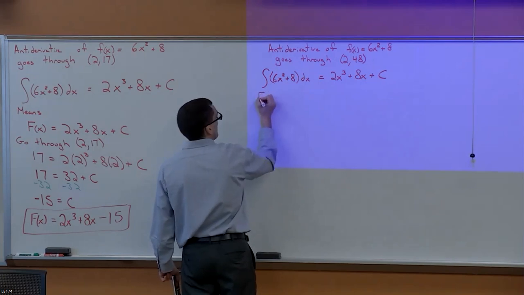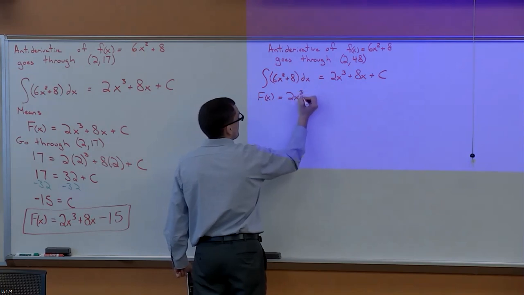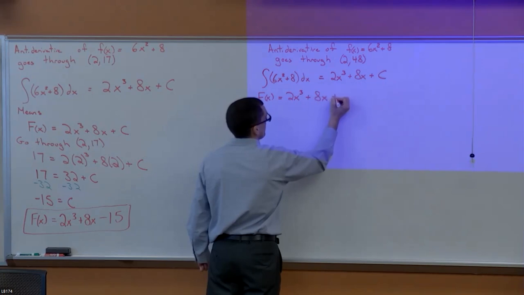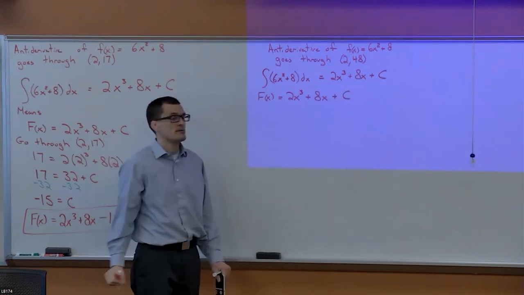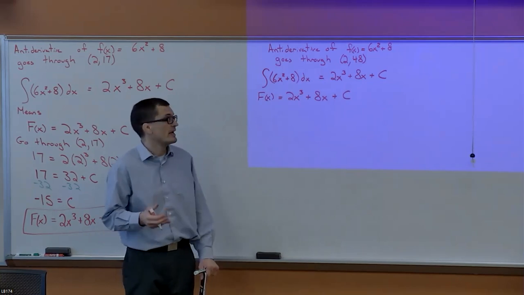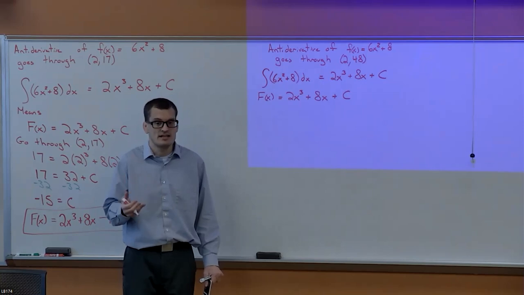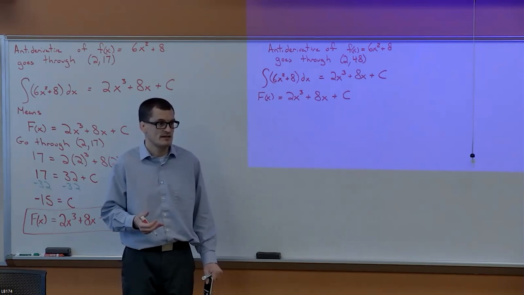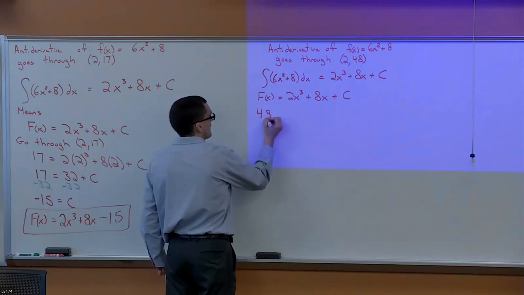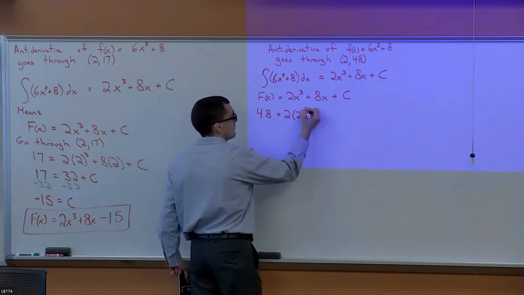So my capital F of x needs to be 2x to the third plus 8x plus some constant. In this case, if I know it goes through the point (2, 48), I'm going to get a different antiderivative. My output is 48 this time when my input is 2.